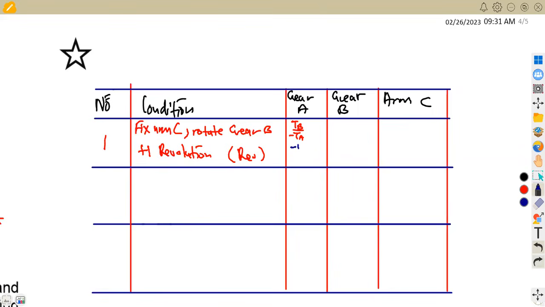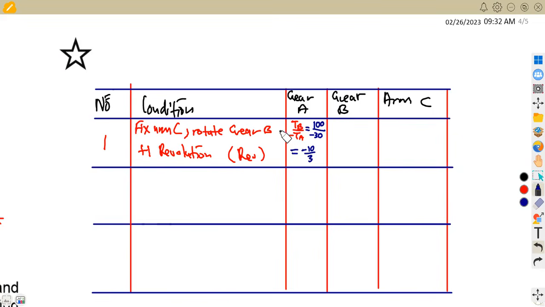Not -100, the negative is in the denominator, guys. Let me write it here, which is equal to 100 over, for A, we had 30 teeth, so you divide the number of teeth. Which is going to give us -10 over 3, or you can write it as a decimal if you want.